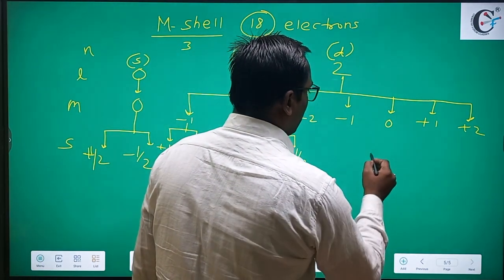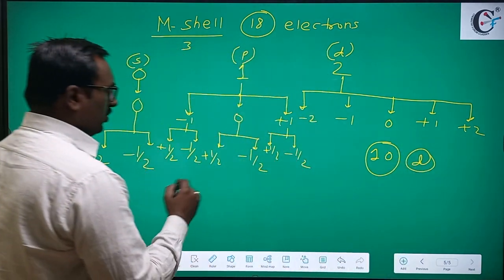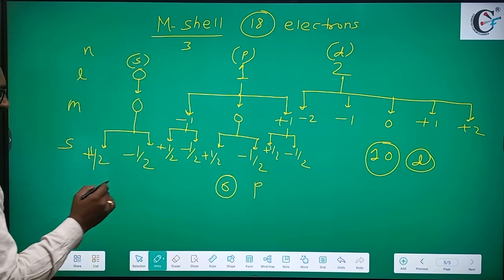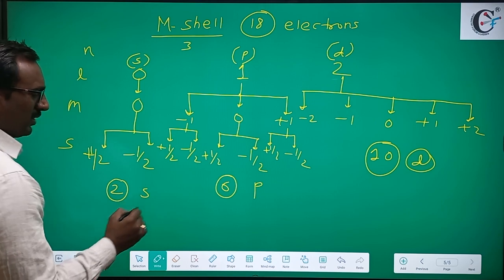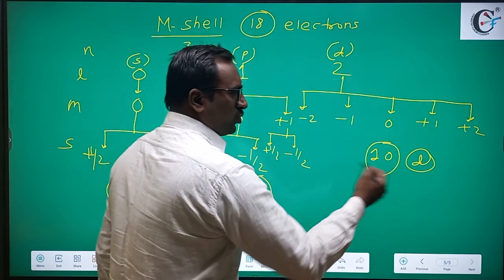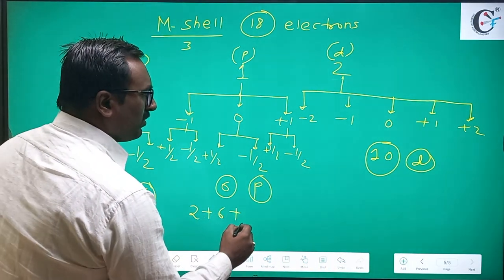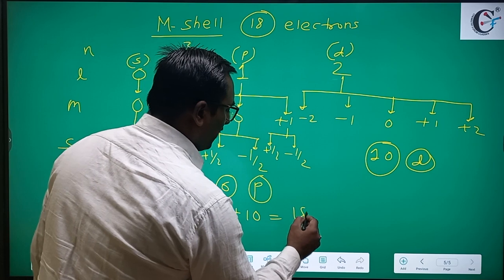We have 10 electrons in d orbital, 6 electrons in p orbital and 2 electrons in s orbital. So total electron count will be 2 plus 6 plus 10, equal to 18.